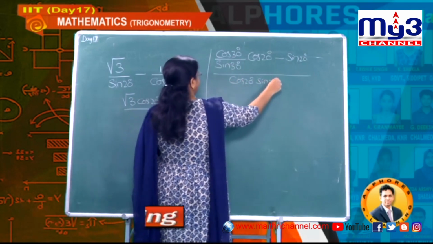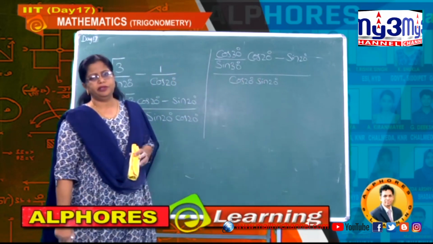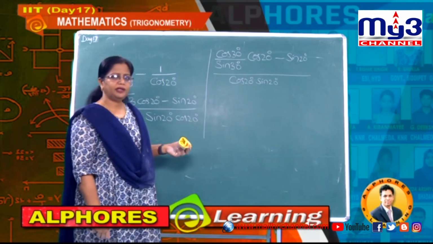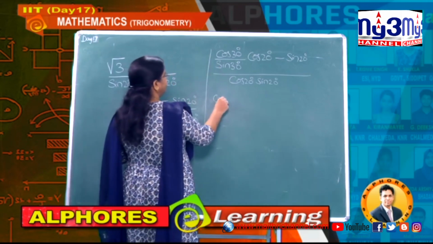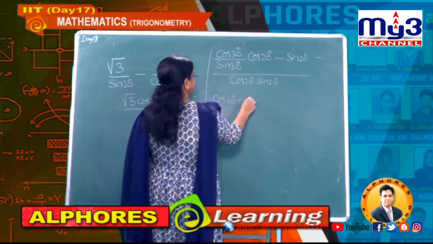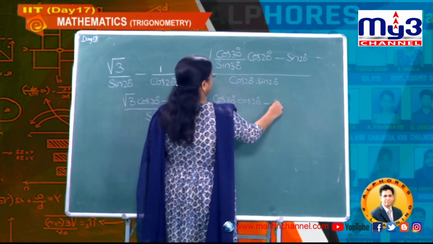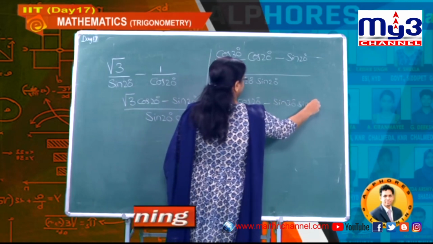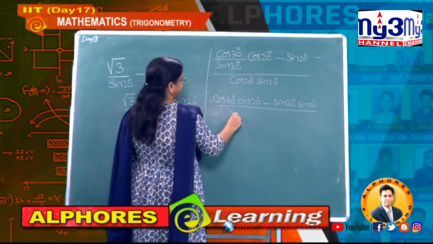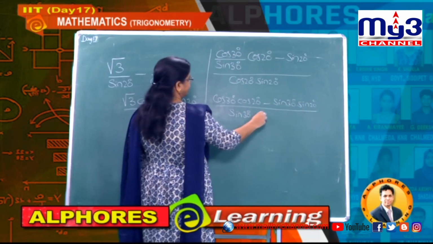Now again, just like the previous problem, the only alternative is you have to take LCM again in the numerator. Then cos 30 degrees cos 20 degrees minus sin 30 sin 20. So I think you have observed that whatever you are doing is exactly the previous problem.